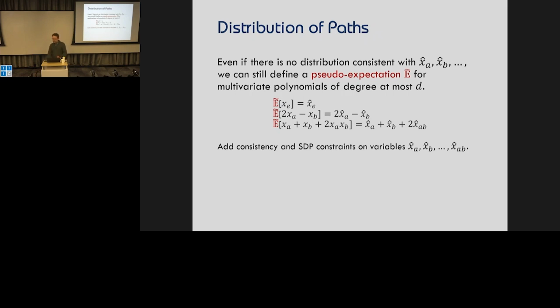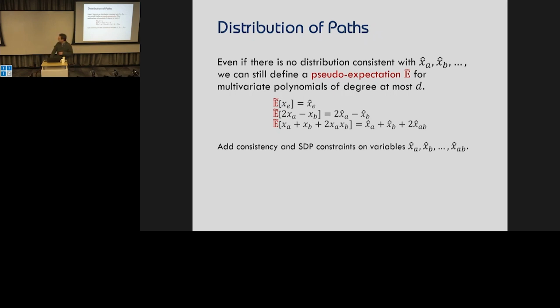So our goal now is to write a convex program involving all these new variables, the original ones plus new ones, and add some consistency constraints that make sure that the value of XAB and the values of XA and XB are consistent in some way.